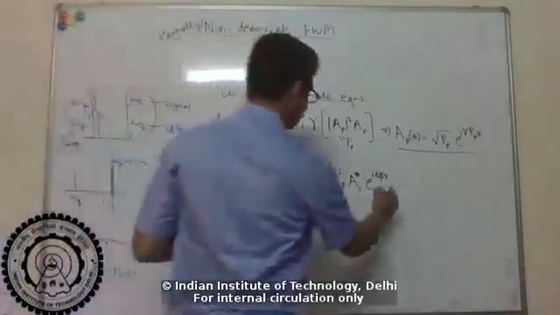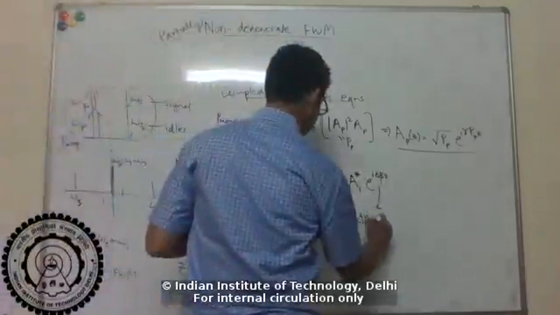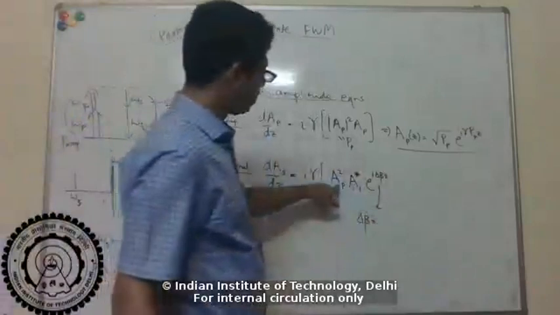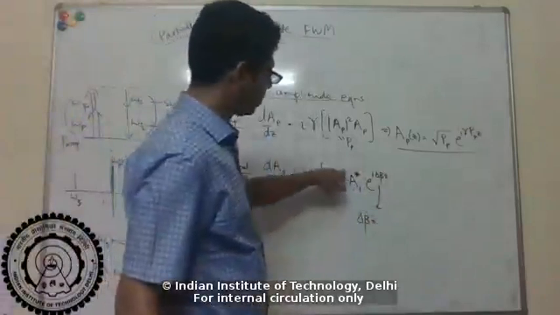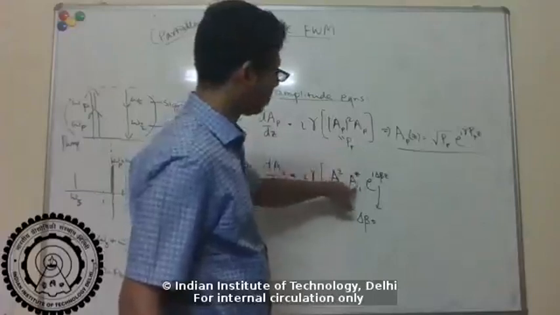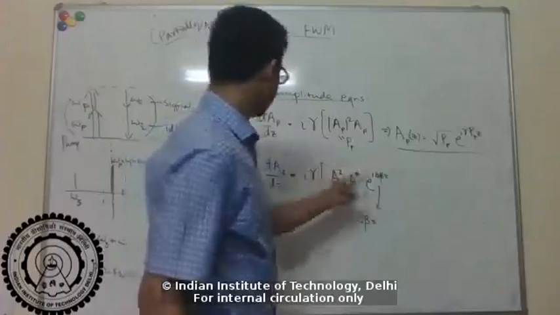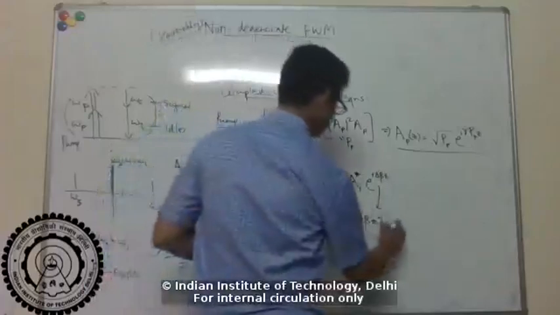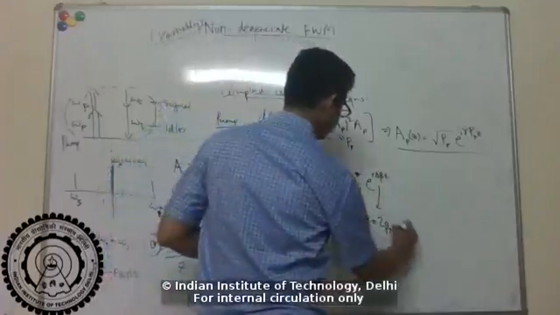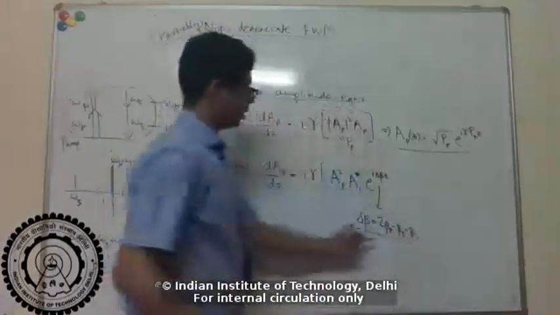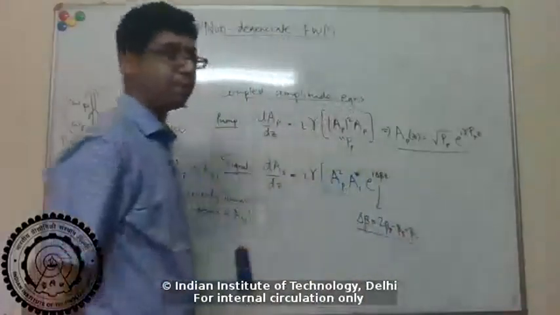Right, so what is this? Delta beta will be, so AP comes along with e to the I beta pz. So I'll get 2 beta p from here, then minus beta I from here, and then I'll have a minus beta s from the propagation equation for as already. So this is 2 beta p minus beta s minus beta I. I hope this term is clear.